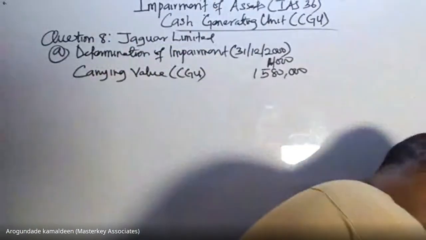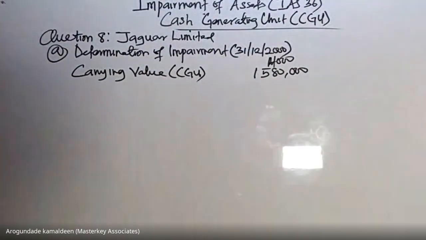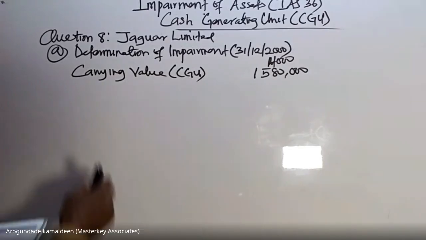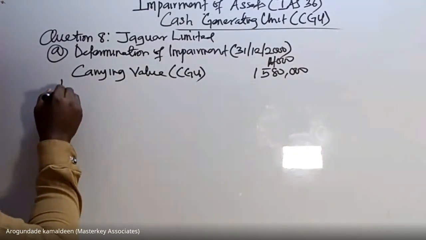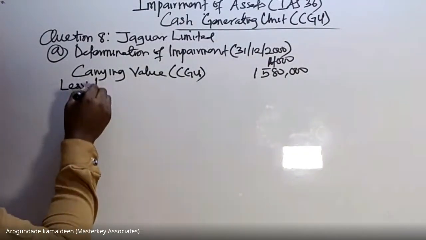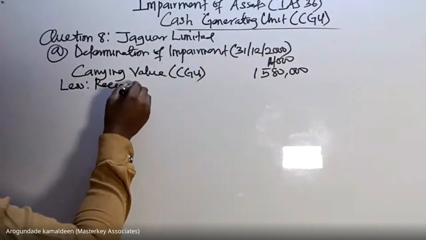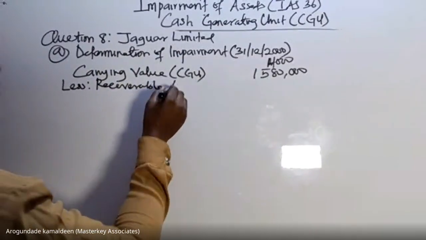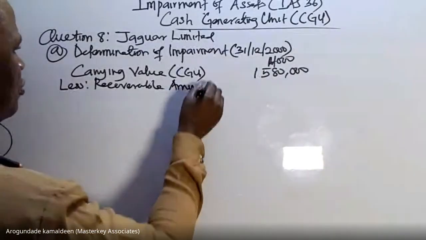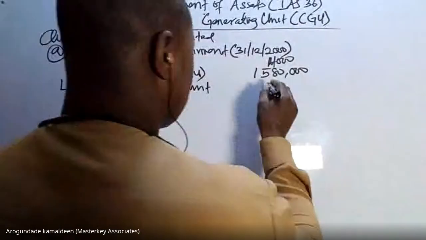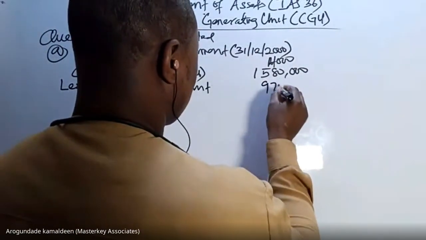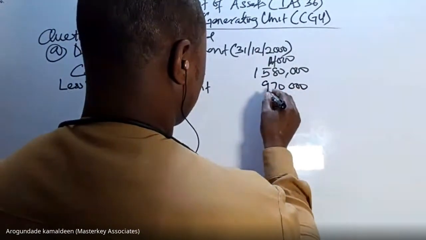Now, the recoverable amount, less recoverable amount of value is 970.